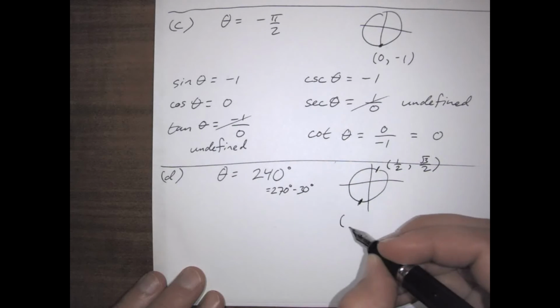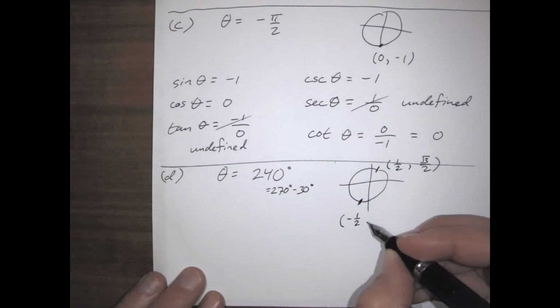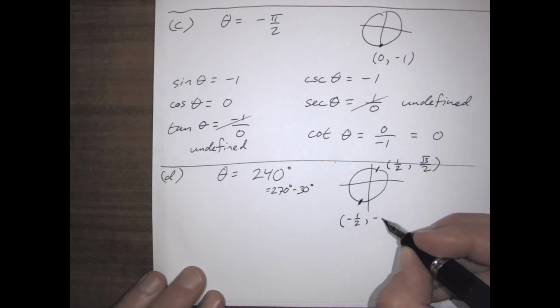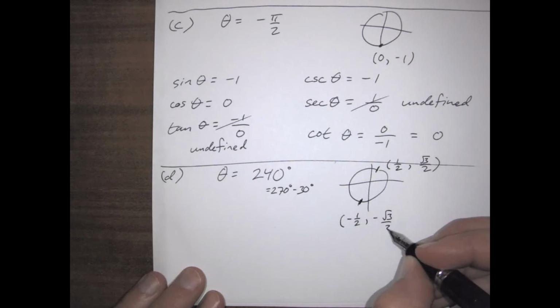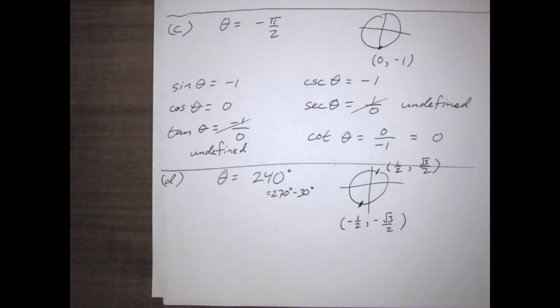So that means down here we're going to be in the same situation, just negative: negative 1/2, negative root 3 over 2. So it's got the same x values and same y values as the point in quadrant 1, just both negative.